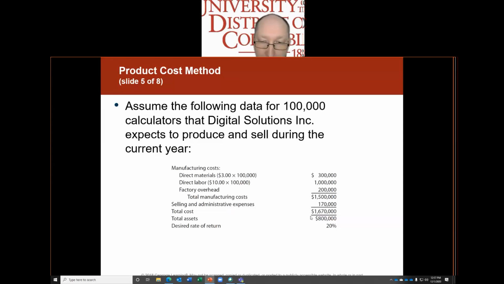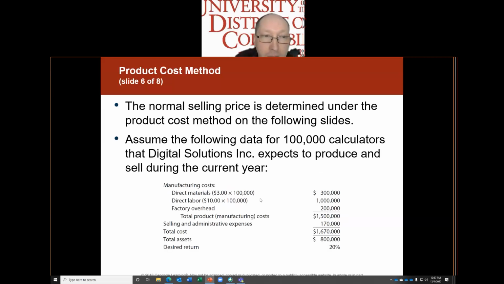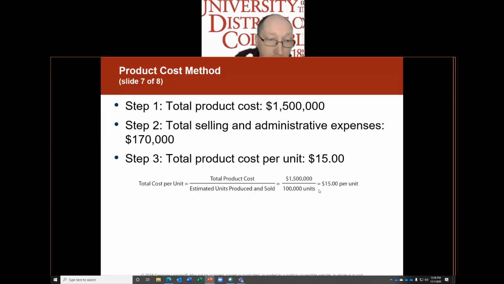Our total assets that the company has is 800,000. Our desired rate of return is 20%. So we take all of this information and we figure out what is going to be our selling price. So, step 1, product cost, 1.5 million.